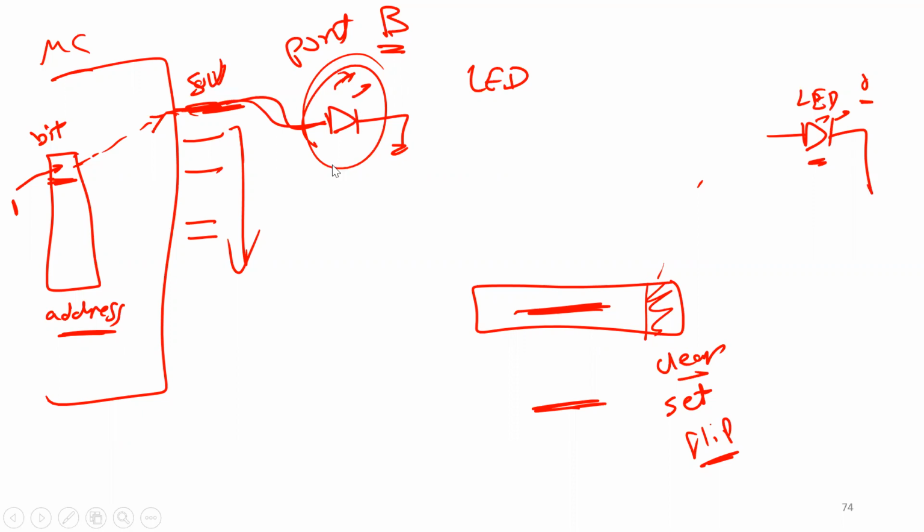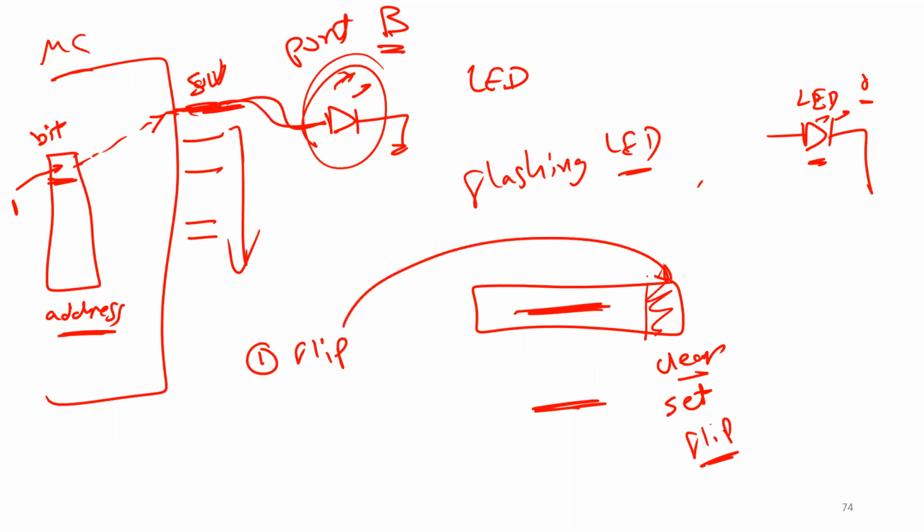As you will see in chapter 3, if I want to make a flashing LED, you know the way I'm going to do it? Number 1, I'm going to flip this bit. So I'm going to flip one bit. For sure, I'm going to explain to you how you can flip one bit. Number 2, I'm going to wait 1 second.